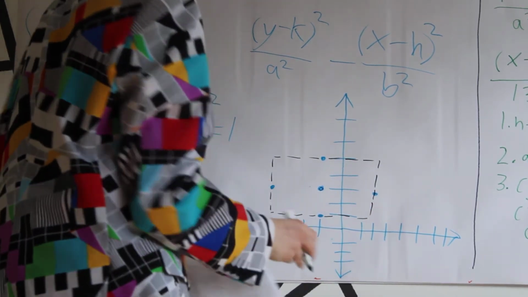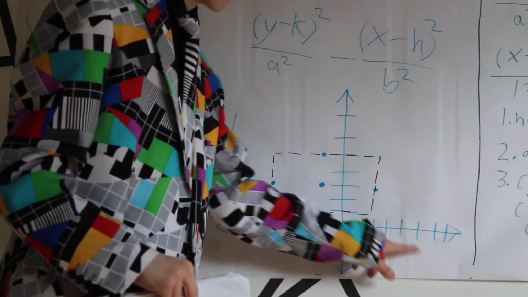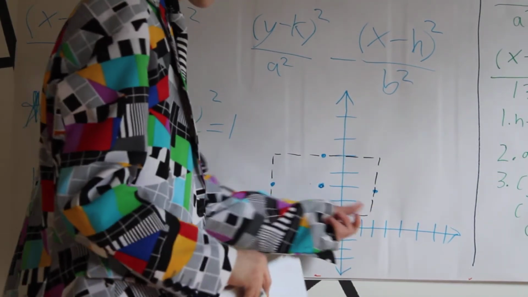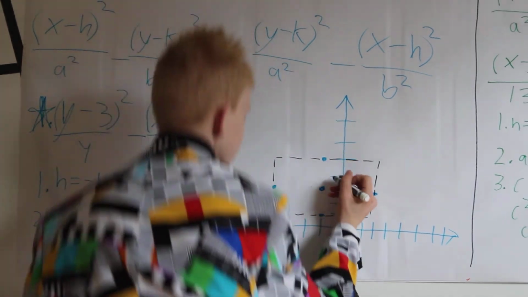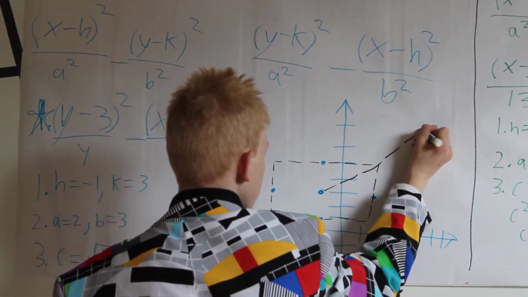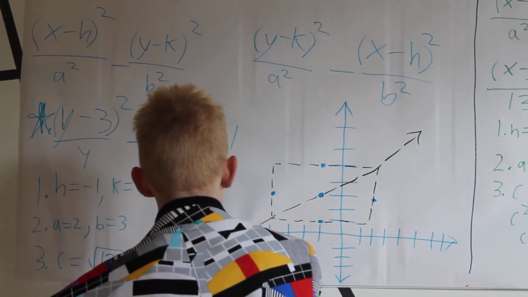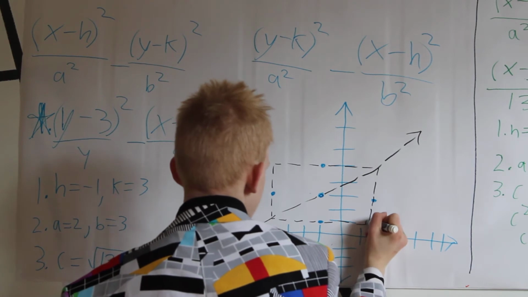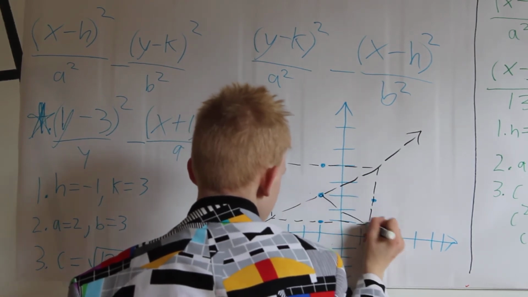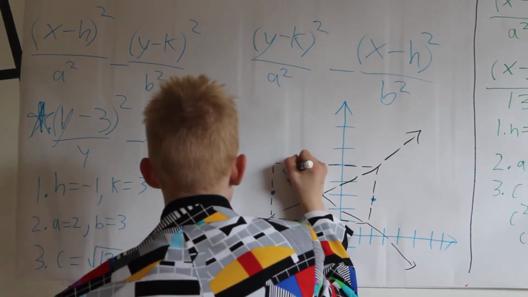And then you can draw your asymptotes through the corners of the box. So this is one asymptote, and another asymptote. Your graph cannot cross these lines, and it won't if you do it correctly and follow what you just learned in 8.5.